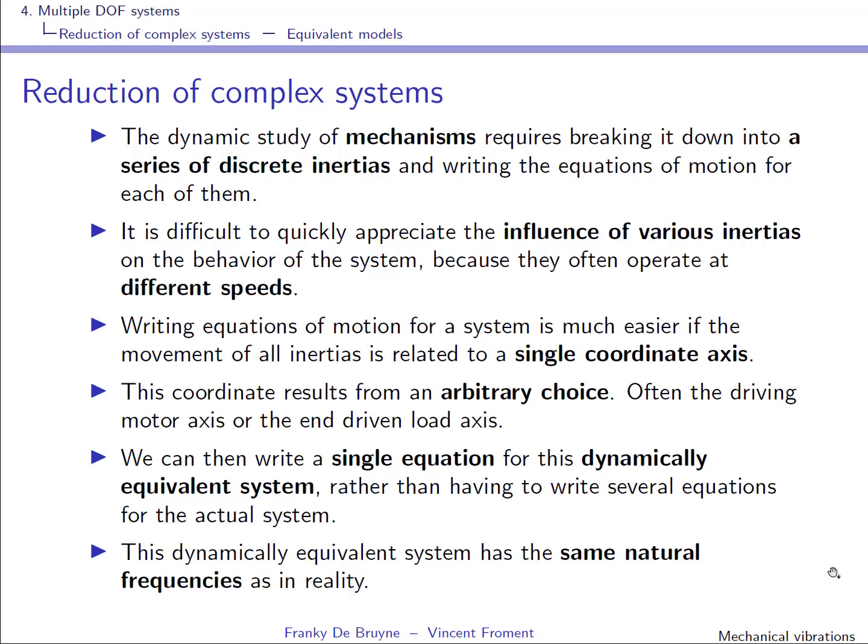And the idea, of course, is that this dynamically equivalent system has the same natural frequencies as in reality. So far we have reflected back moments of inertia, but you can do that for other elements, such as inertias, stiffnesses, damping coefficients, and even external forces.